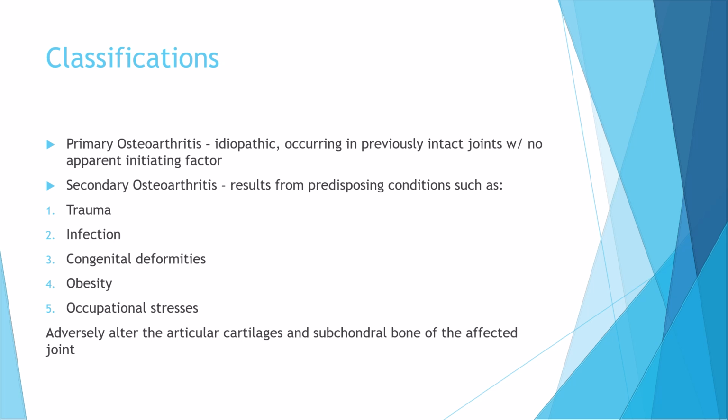Secondary osteoarthritis usually is a result of predisposing conditions such as trauma, infection, congenital deformities, obesity, and also occupational stresses. So if you're doing work under heavy loads and things like that, this adversely alters the articular cartilage and/or the subchondral bone of the affected joints.